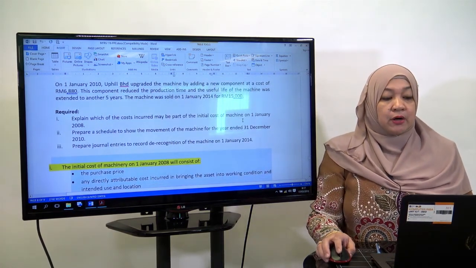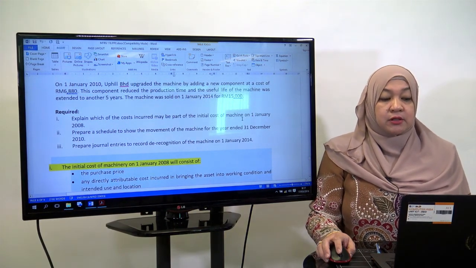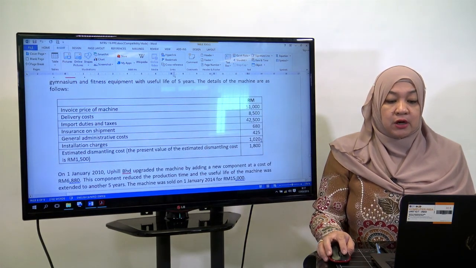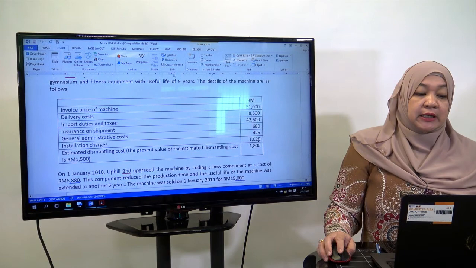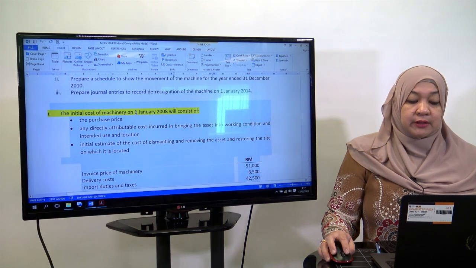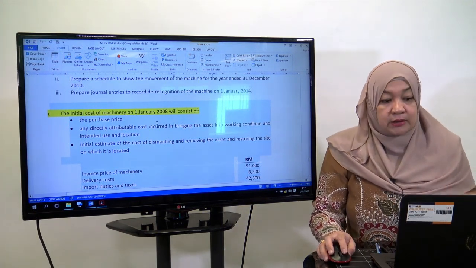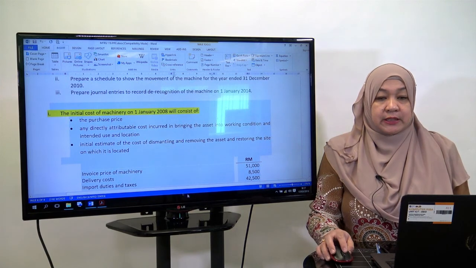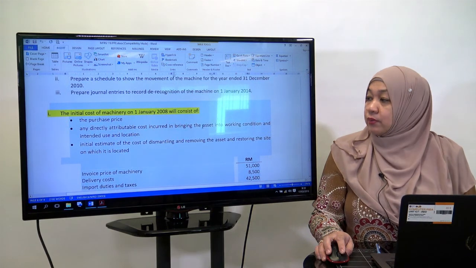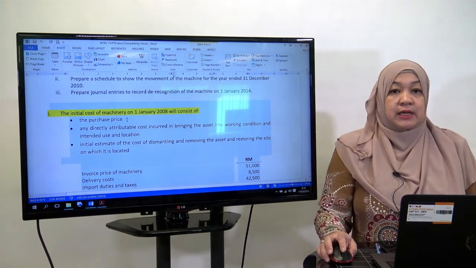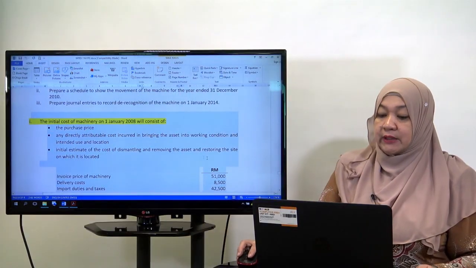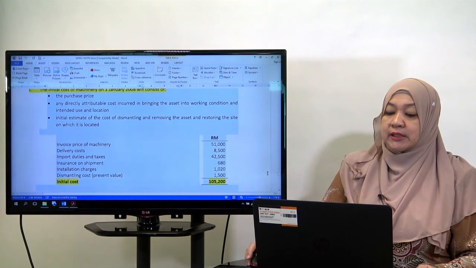So explain which of the costs incurred may be part of the initial cost on 1st January 2008. Right? So we need to identify from all these costs which costs should be included in the cost of the machine. So the initial cost of the machinery on 1st January 2008 will consist of the purchase price, any directly attributable costs incurred in bringing the asset into working condition, and intended use and location, and the initial estimate of the cost of dismantling and removing the asset and restoring the site on which it is located.